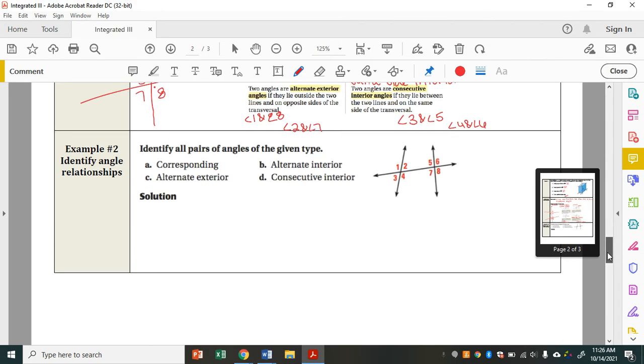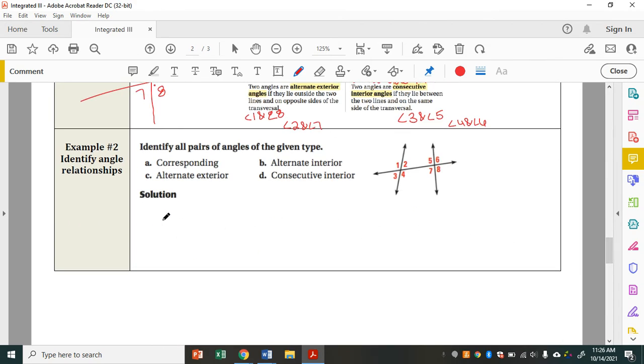Okay, so hopefully you had tried these out on your own. For letter A, if I'm looking at corresponding angles, we want to identify all the different pairs given here. Based on this diagram, the first example for corresponding angles would be angle 1 and angle 5.